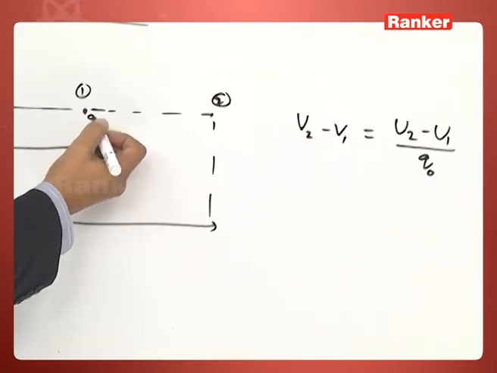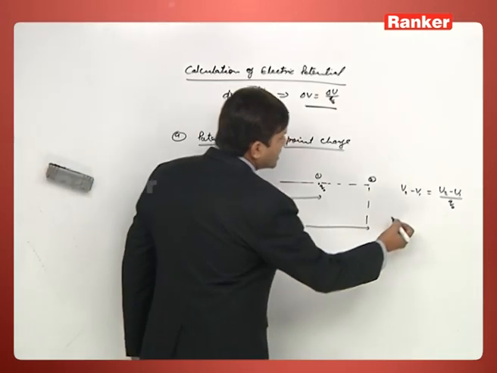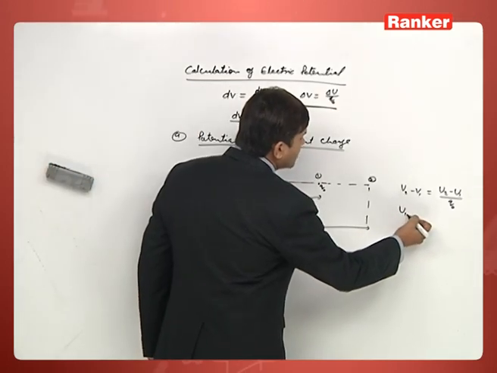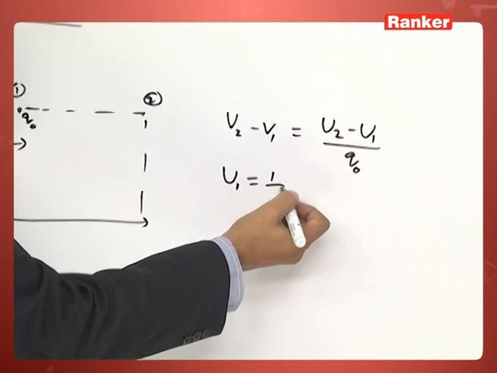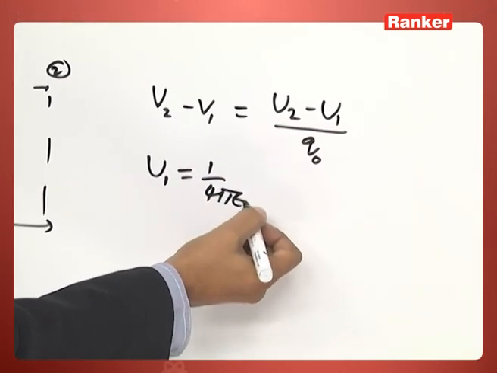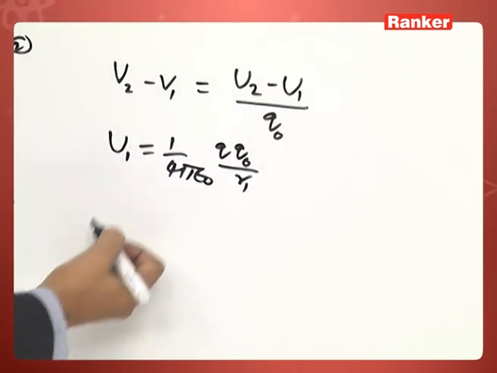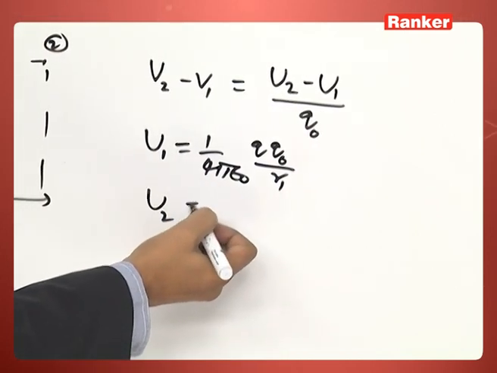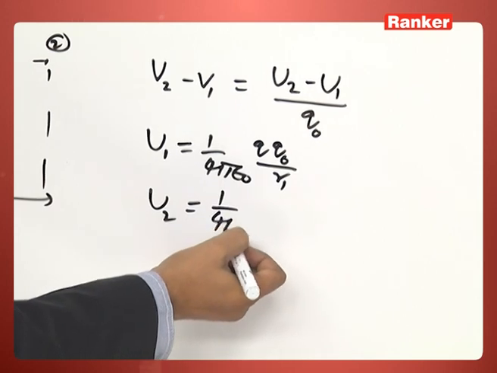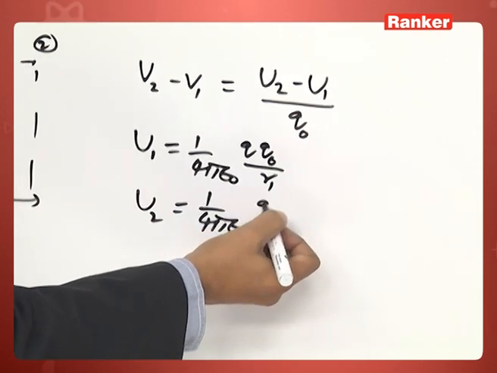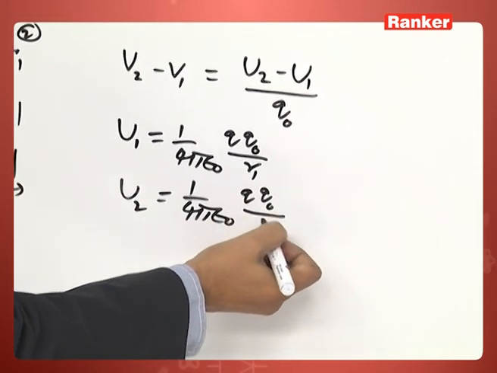If I put the test charge Q naught there, the potential energy at 1, U1, is written as 1 by 4 pi epsilon naught Q naught Q by R1, and the potential energy at point 2 is 1 by 4 pi epsilon naught Q naught Q by R2.